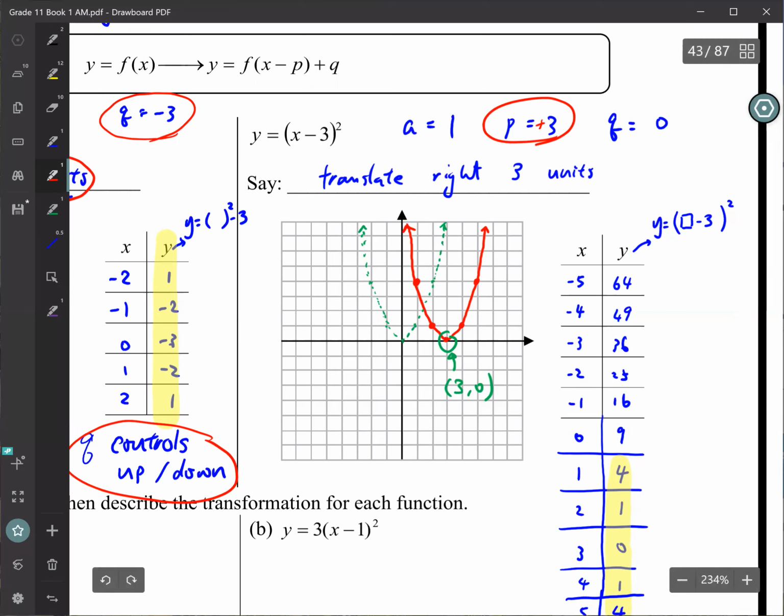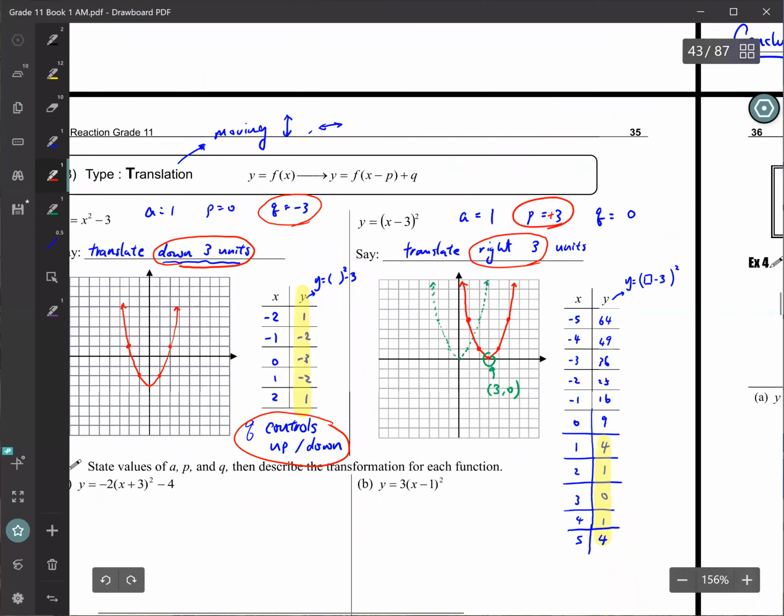Positive means it's to the right, and 3 means the number of steps. So if you want to translate to the left, then P has to be what, Eric? Left 3 units. It has to be -3. Yeah, okay. So that's the importance of the A, P, Q, and each one of them controls different things.